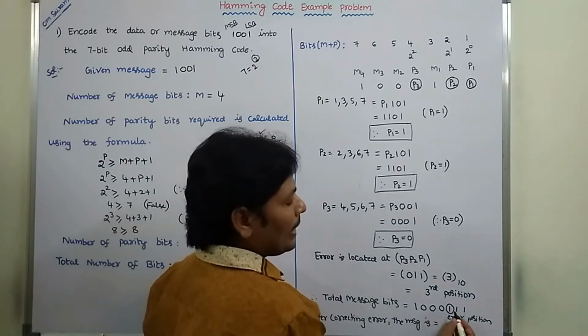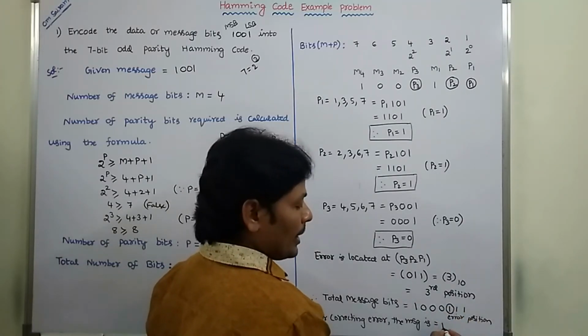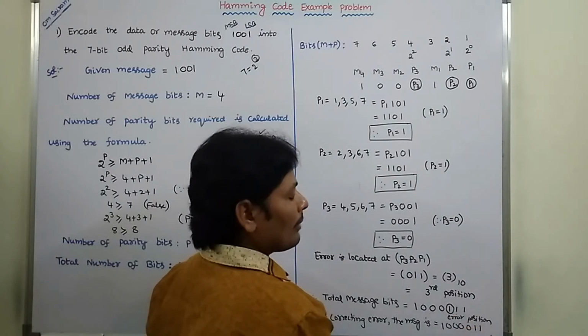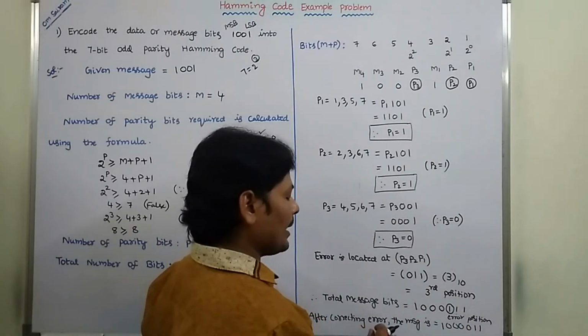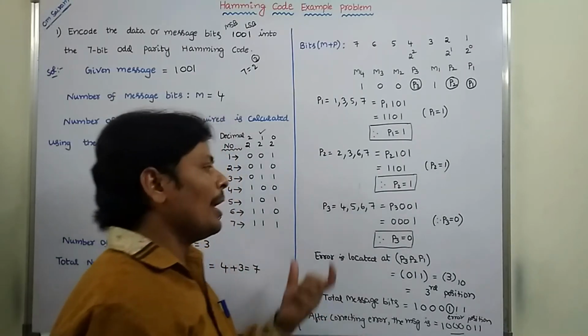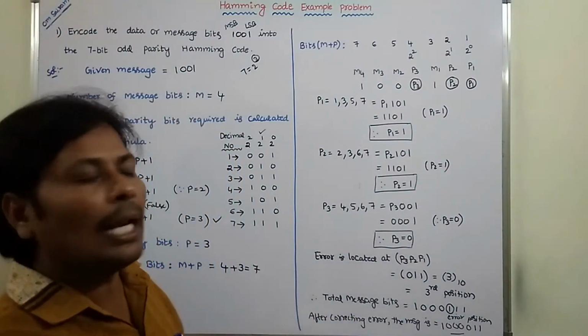Here 1 is there, so 1 can be changed to 0. So therefore 1, 0, 0, with the remaining bits 1, 1. So after correcting the error, the message is this one. In this way, we have to solve the Hamming code example problem.